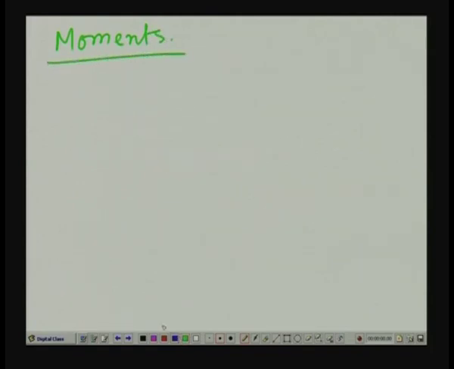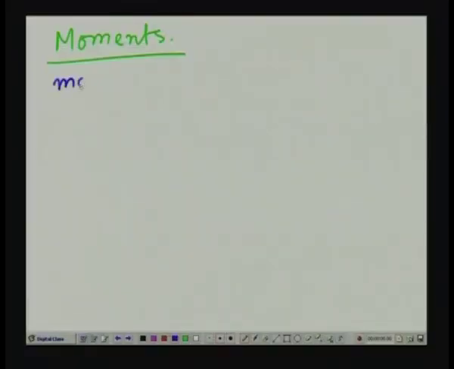To compute these moments of a region, our interpretation is that a normalized gray level image represents the probability density of a two-dimensional variable. With this interpretation, we can find out some statistical properties of the gray level itself, and these statistical properties are nothing but moments.